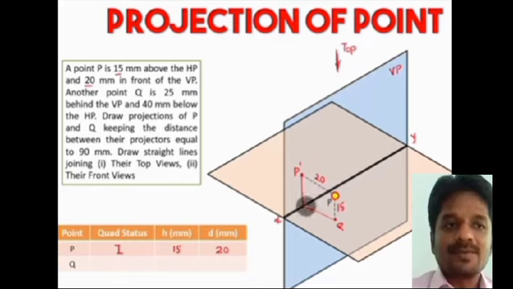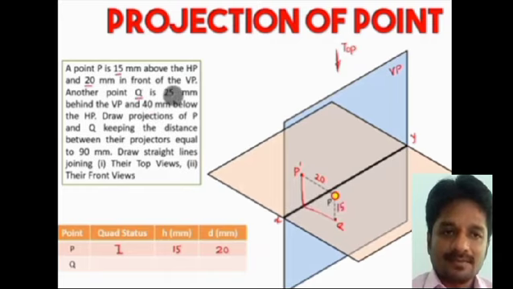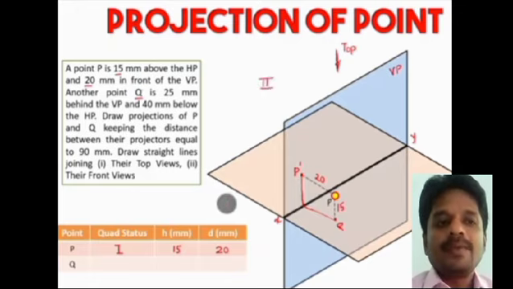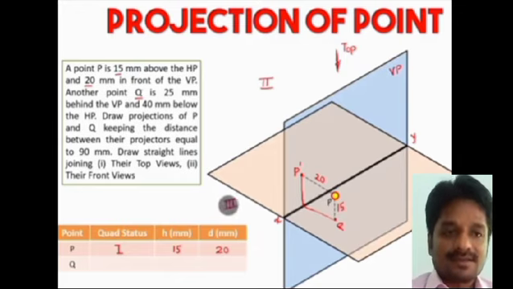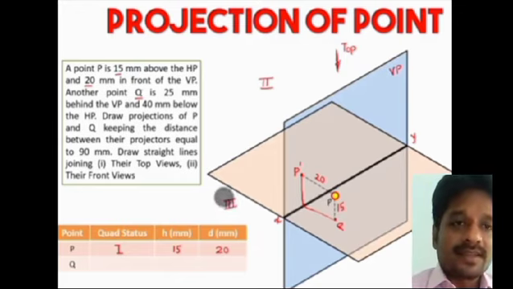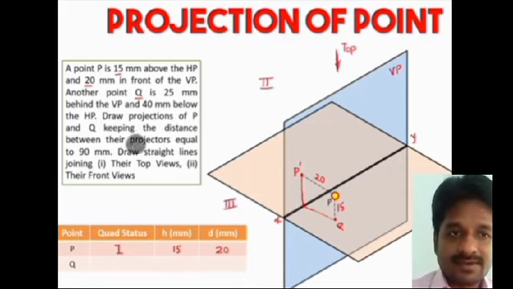Now we will look at the point Q. The point Q is 25 mm behind the vertical plane and 40 mm below the HP. So behind and below. Behind and below, obviously it falls under the third quadrant. It's very clear. And that's what I have marked over here.